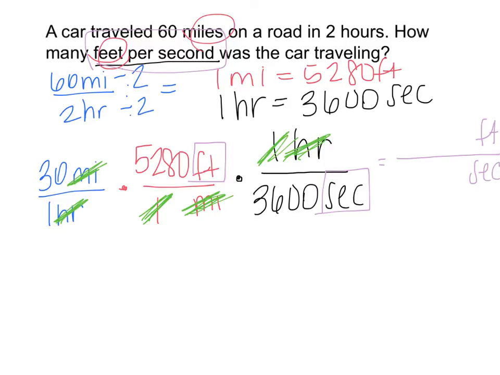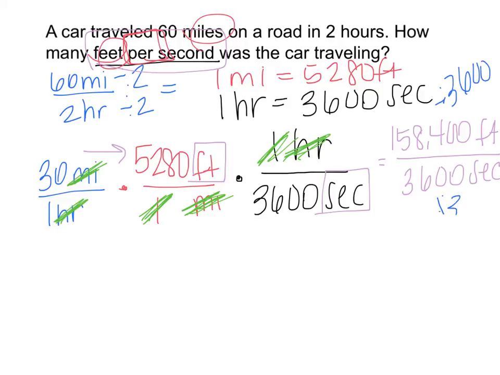So all we have to do is multiply 30 and 5,280, and you get 158,400 feet. And then our denominator is just 3,600. But because it says the word per, that means per one. So you need to divide by 3,600 top and bottom. And you end up getting 44 feet in 1 second.